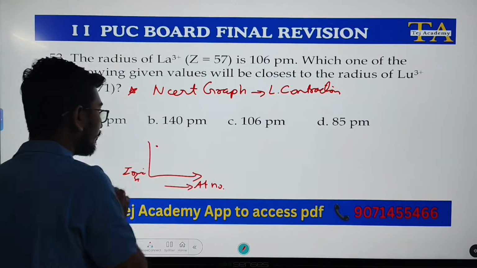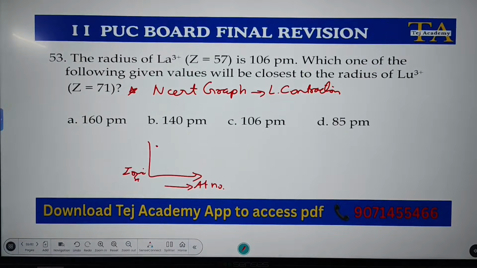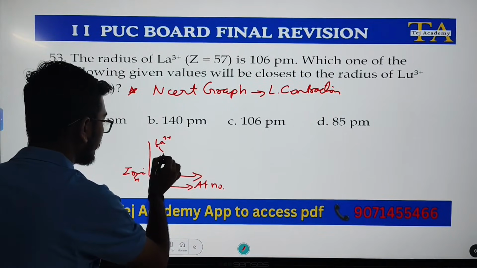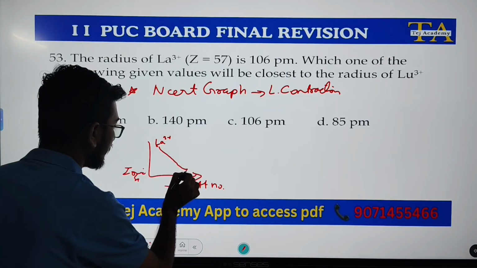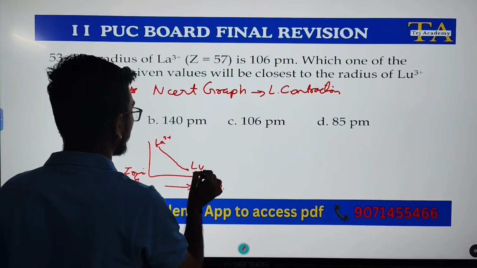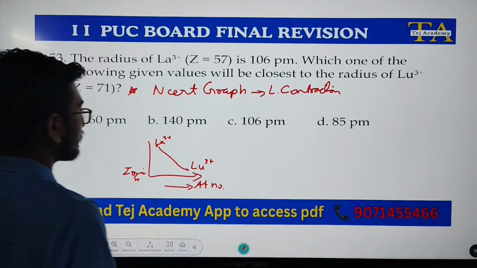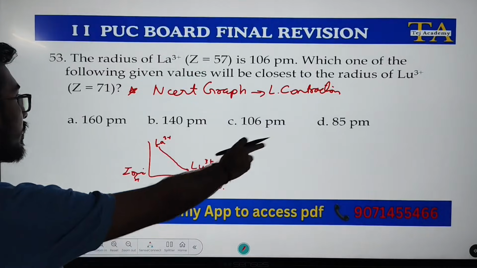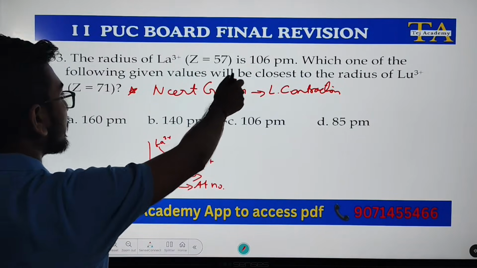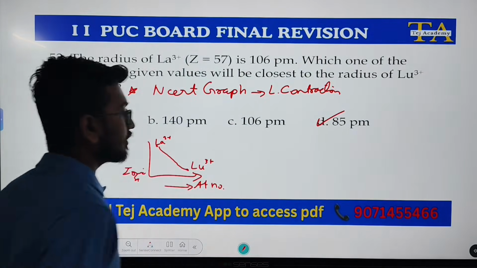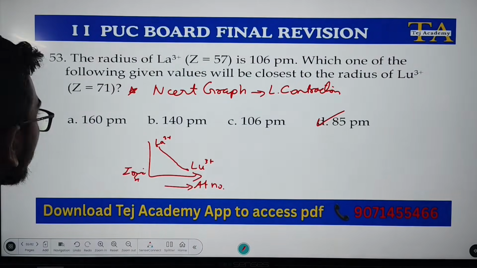It will start from La3 plus, then slowly it will decrease, with increasing atomic number the ionic size is decreasing, to Lu3 plus at last, which has the least picometer. So among the 4 options, if you observe anyone having less than 106, that will be the right answer. Option D is the right answer.